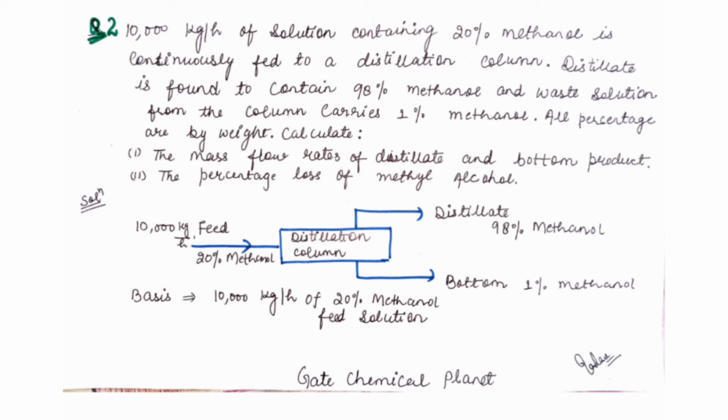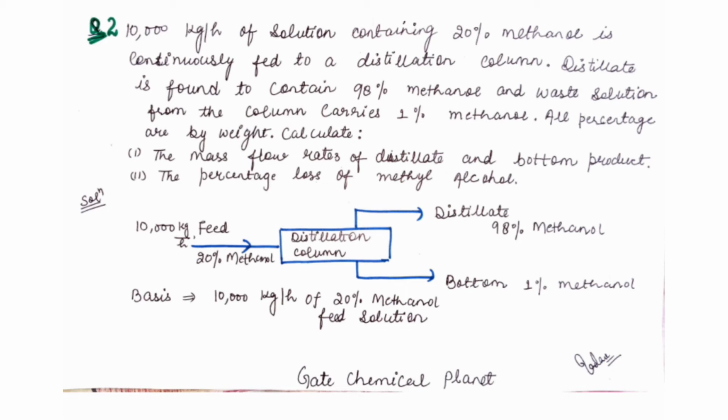All percentages are by weight. Calculate the mass flow rates of distillate and bottom products and the percentage loss of methyl alcohol. So in this question, two things are asked: the mass flow rates of both the distillate and the bottom products, and also the percentage loss of methyl alcohol.